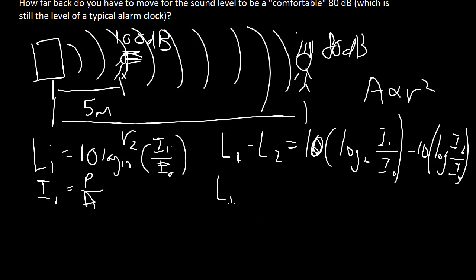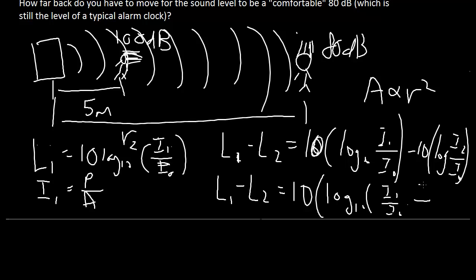And what happens when you subtract logs? You would, of course, divide. So we have I1 over I0, and then dividing is multiplying by the reciprocal, and then the I0 goes away. So that makes things a little cleaner for us.